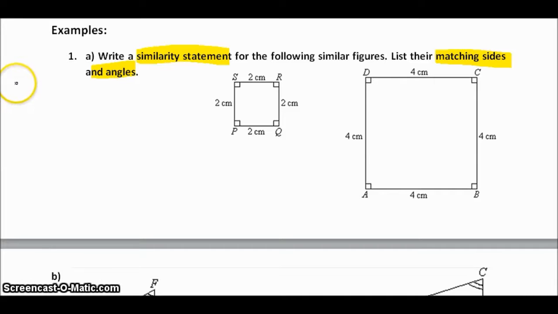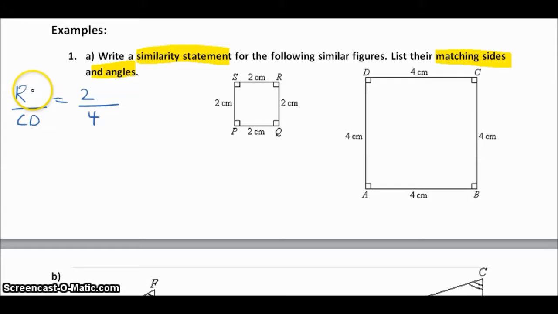I'm going to say that SR over CD is equal to 2 over 4. And just to remind you, we should be writing in alphabetical order.